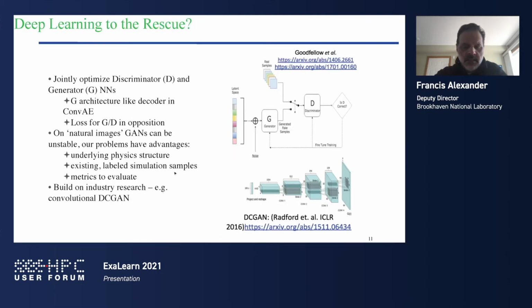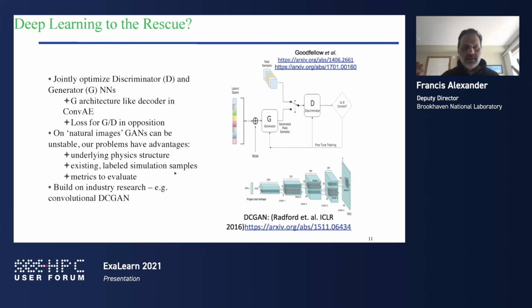One of the methods we're using is so-called generative adversarial networks. I won't go through the details here, but these are sometimes best thought of as having an artist, someone generating fake art, and an expert detecting fake art.